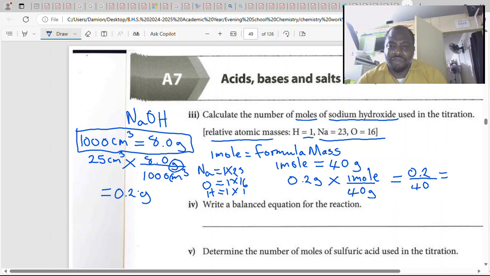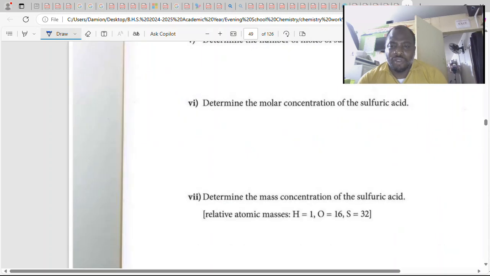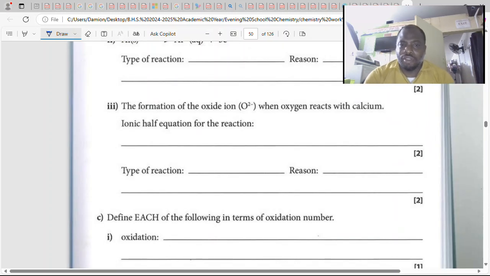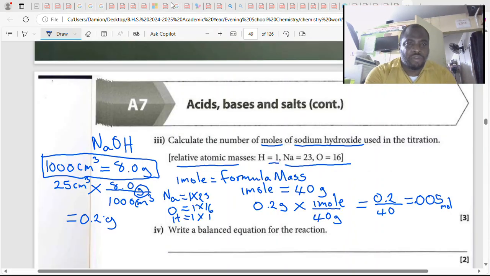You should be able to read that. It simply means it's 0.005 moles. That's what it means? Okay. So yes, that's what it means.